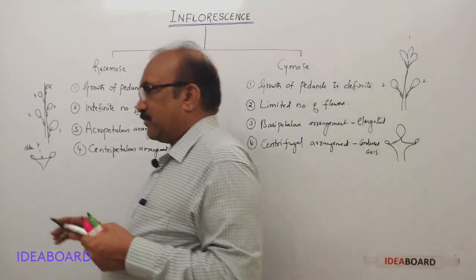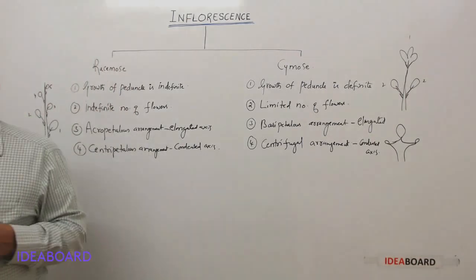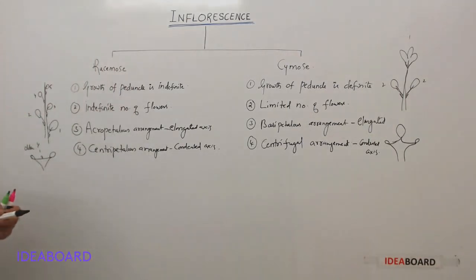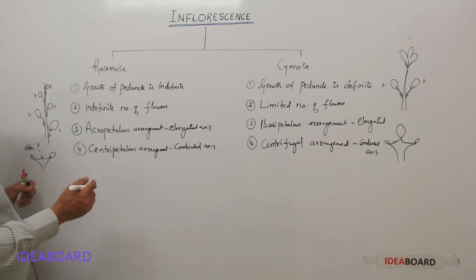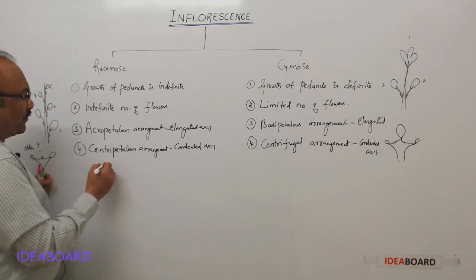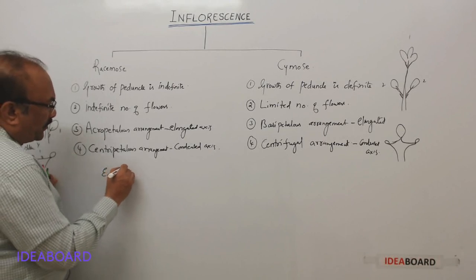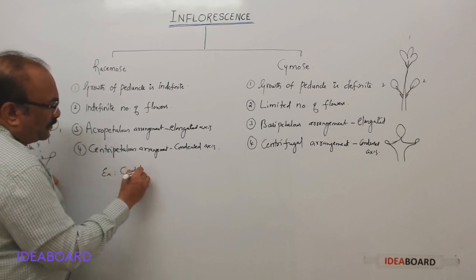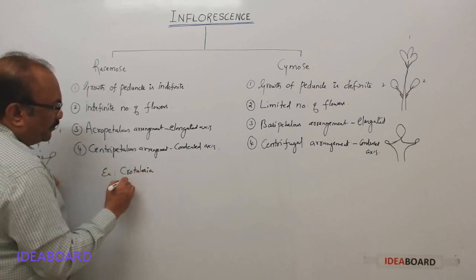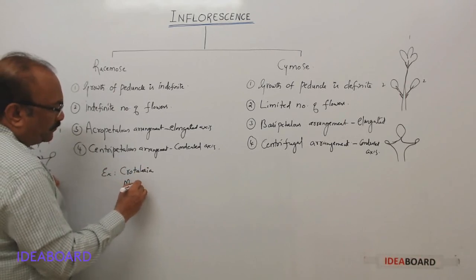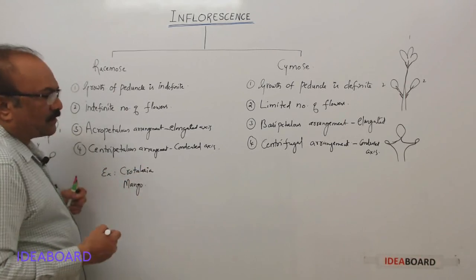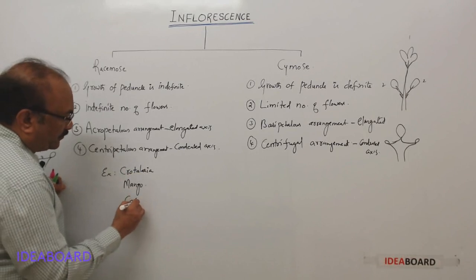Okay, and now, actually in our textbook they gave only examples directly for racemose. Example is crotalaria, mango tree, and others, cassia.